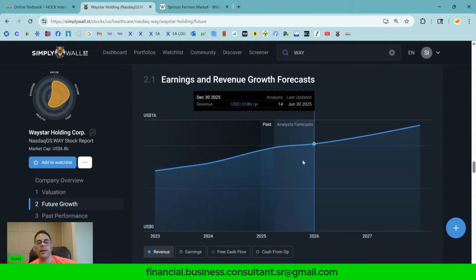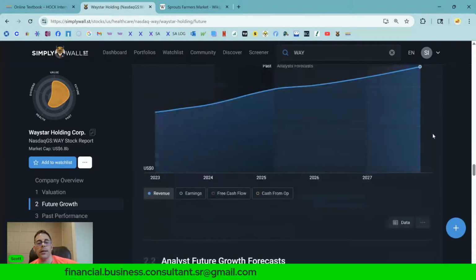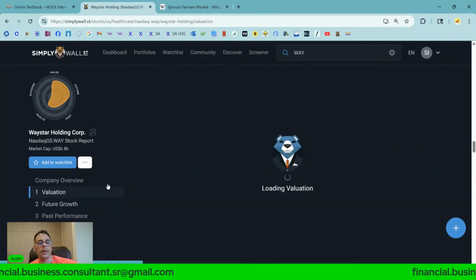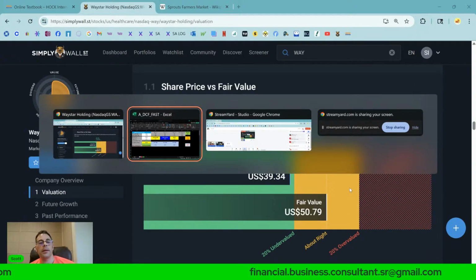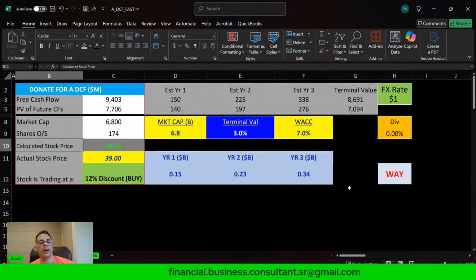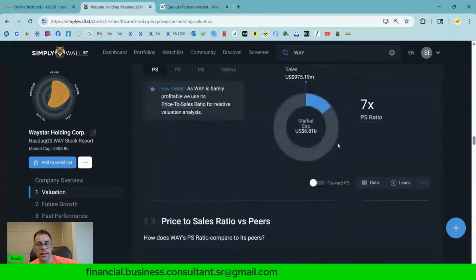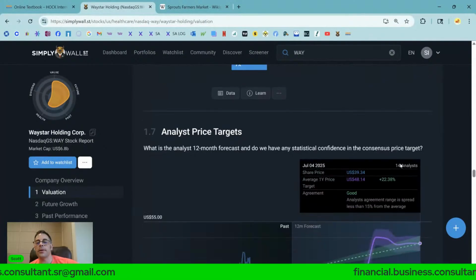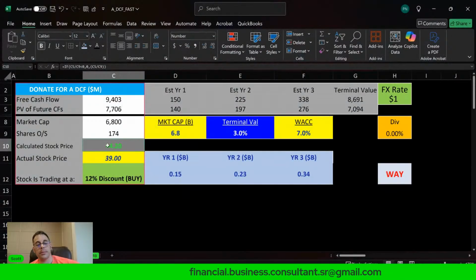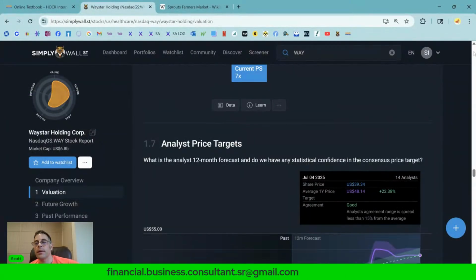Revenue looks really good. That's also expected to grow a lot. Simply Wall Street's at 51. I'm at 44. Let's see what the analysts say. The analysts are at 48, which is pretty close to me. I'm at 44.